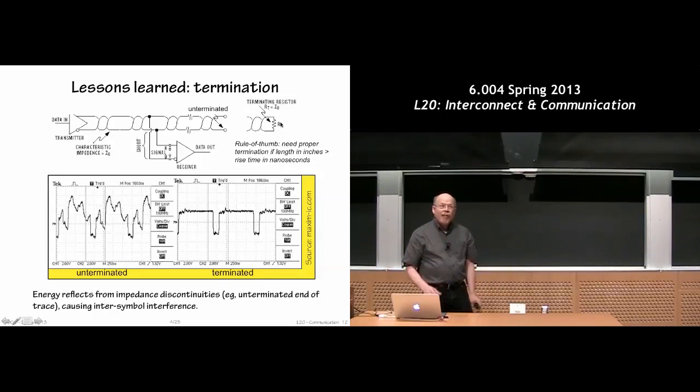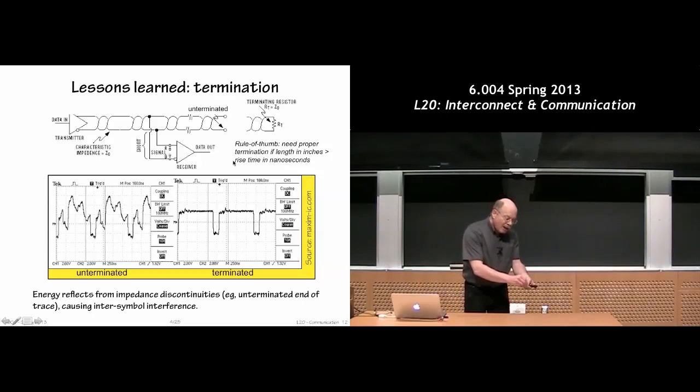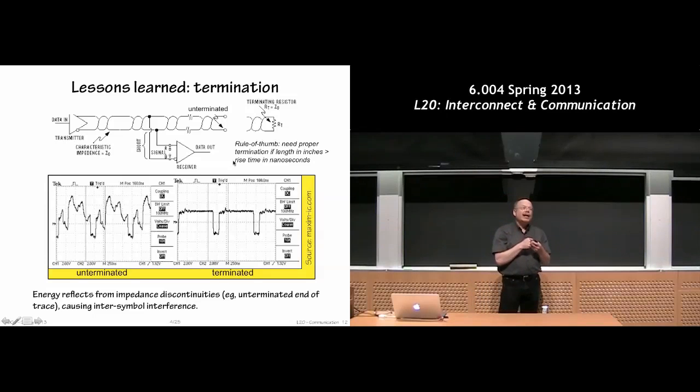Wires seemed very equipotential. When things got fast, and in fact, if I'm trying to make the voltage change, say, in 10 picoseconds from 0 to 1 volt, if I have a wire that's longer than the distance light travels in 1 picosecond, then termination turns out to matter, the wire is no longer equipotential.